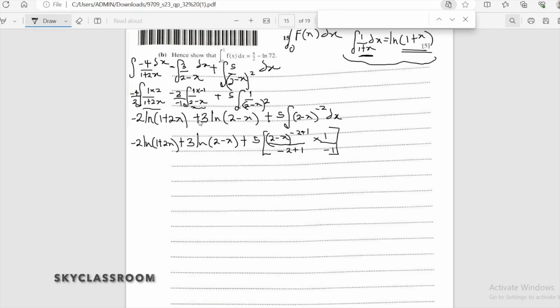NB: to integrate ax plus b raised to the power n, we have ax plus b raised to the power n plus 1 all over n plus 1, multiplied by 1 over the differentiation of what is in the bracket, ax plus b.